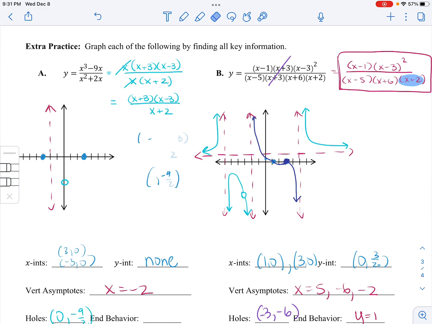Okay, end behavior. So now I've got, remember, I'm using this for my end behavior. And so if I'm going to do synthetic division, I'm going to divide by negative 2. That's my solution. But what we put here is the coefficients of this expanded. So it might actually be helpful if we thought about this as this, right?